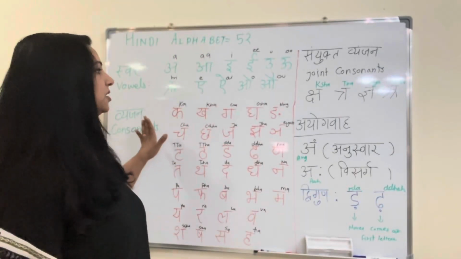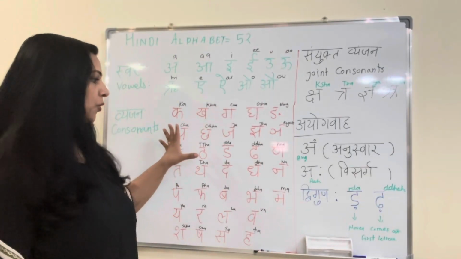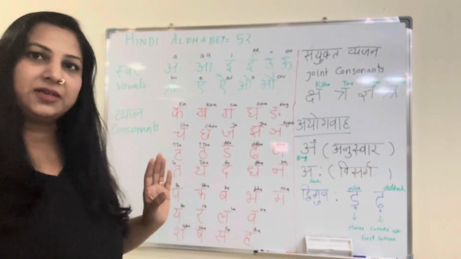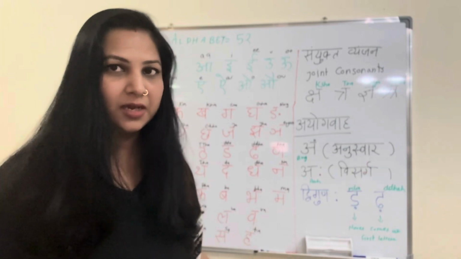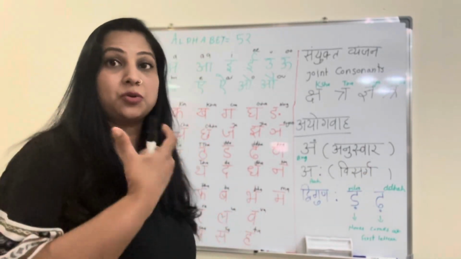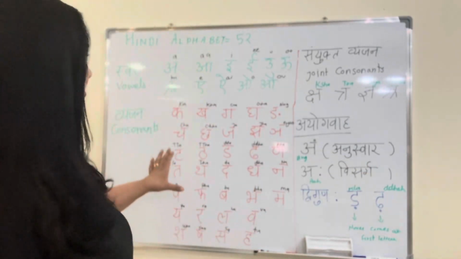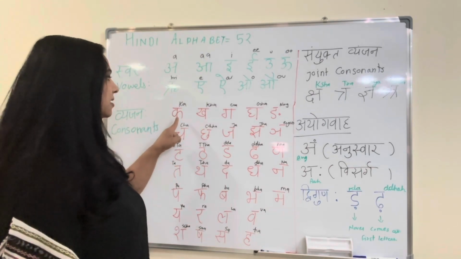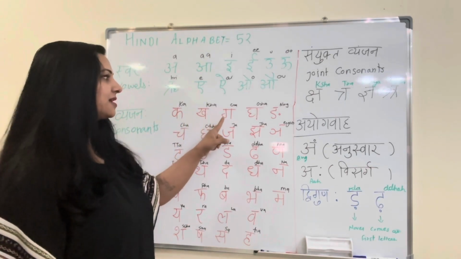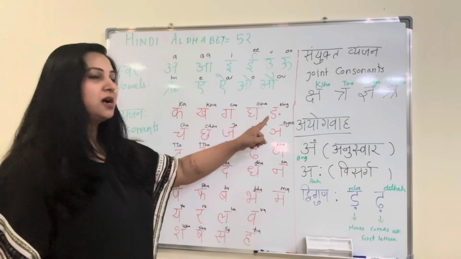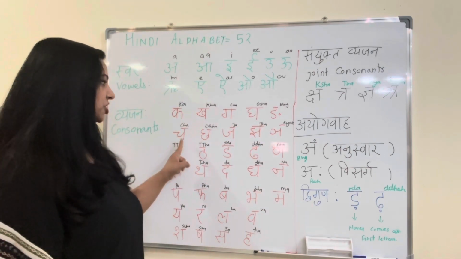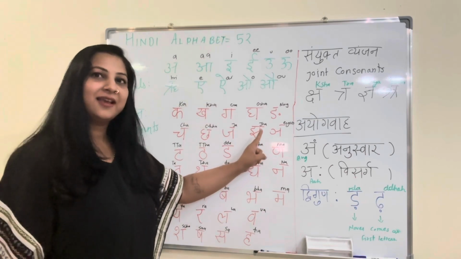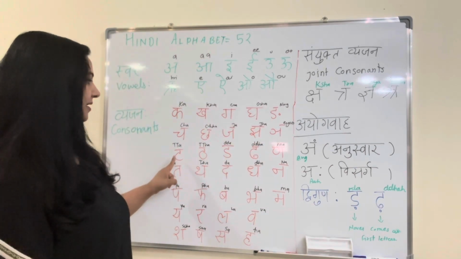Now let's see the vyanjan. How many vyanjans do we have? These are actually called sparsh vyanjan, but I will teach you in detail later when we come to where the sound comes from. Listen to the pronunciation properly. This is ka, kha, ga, gha, nga. Then cha, chha, ja, jha, nya. Then ta.